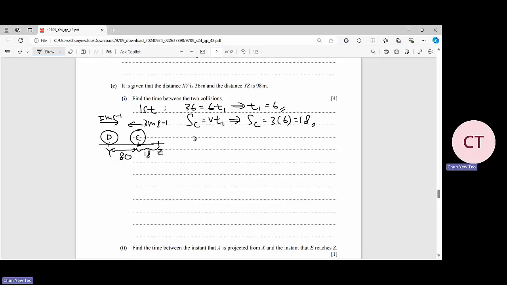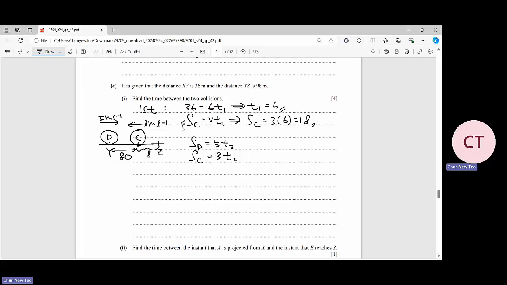So SD is equal to 5 t2. Now we are going for the second collision, after the first collision but before the second collision. So 5 t2. Then the distance C travels is 3 t2.